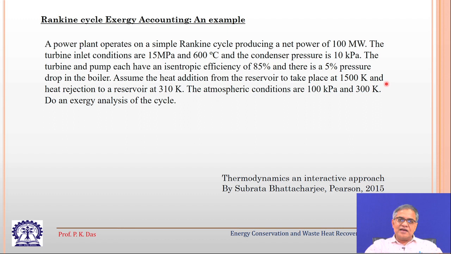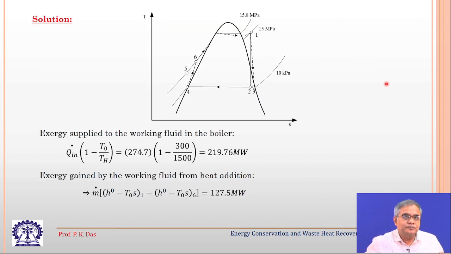Similarly, there is a low temperature reservoir to which heat is rejected by the cycle, and that heat rejection takes place at 310 Kelvin. So these two idealizations have been made so that we can make some simple calculation, and from there we can derive certain important conclusions.